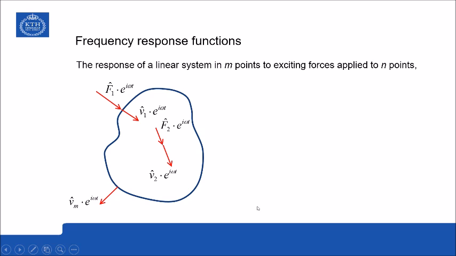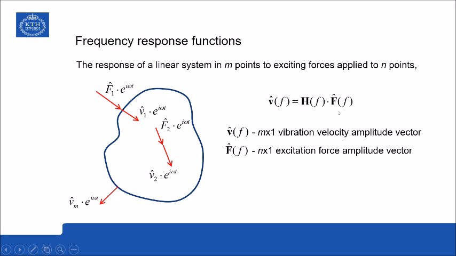If we generalize this to a system where we consider the response in m points, and if we apply exciting forces in n points, we can represent this system with a frequency response function matrix that is an m by n complex valued matrix.